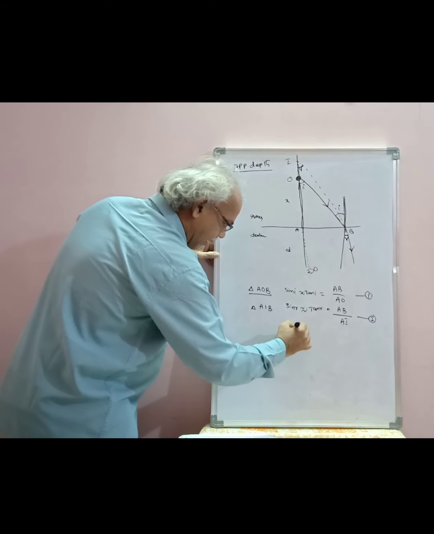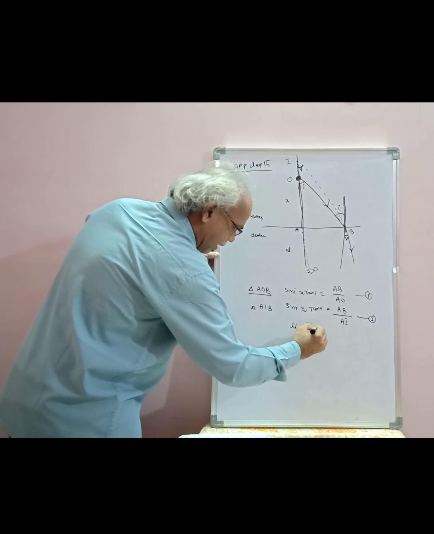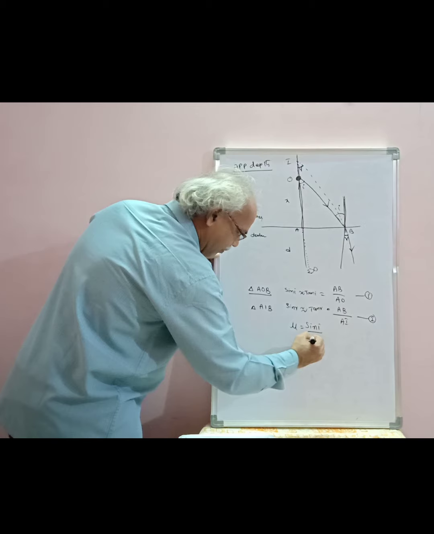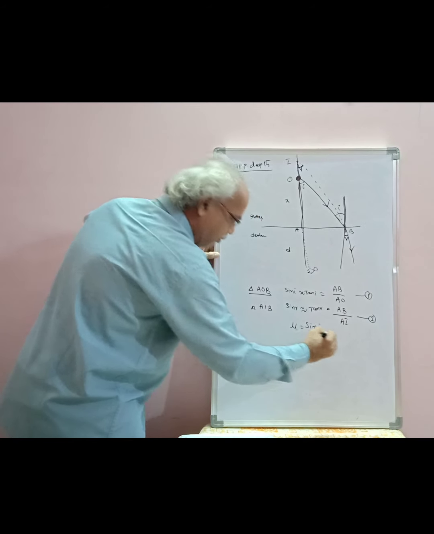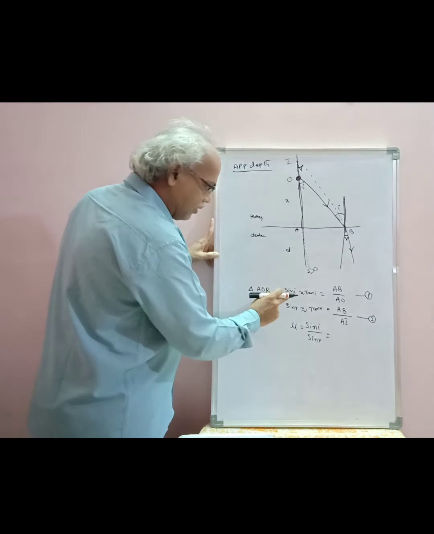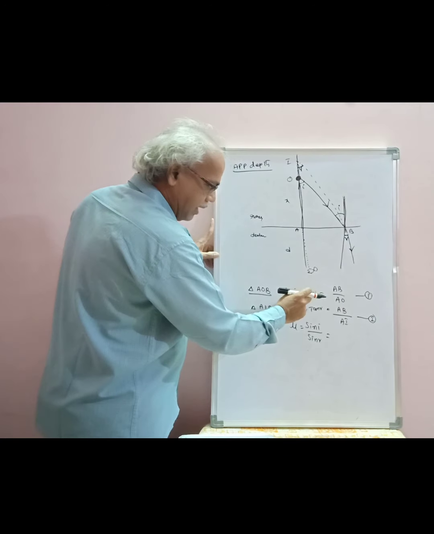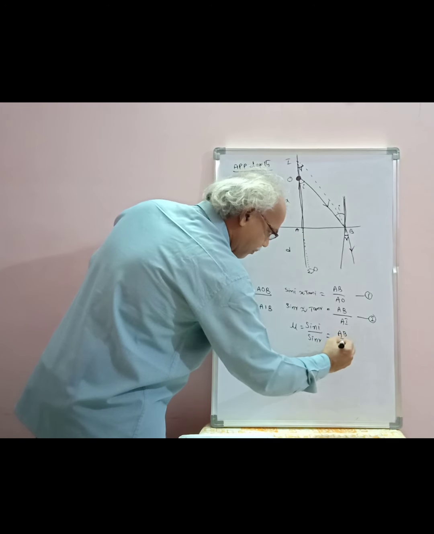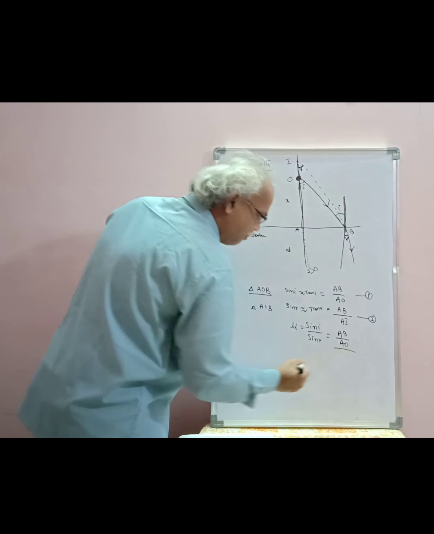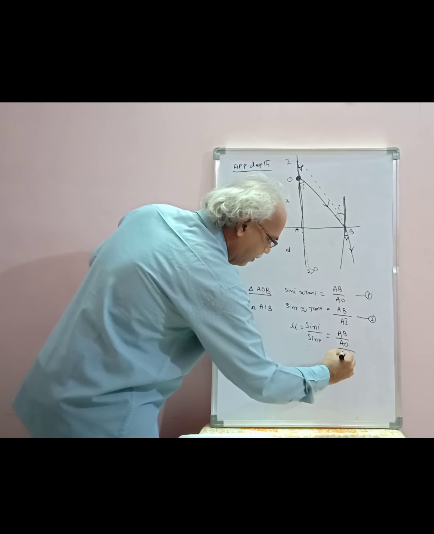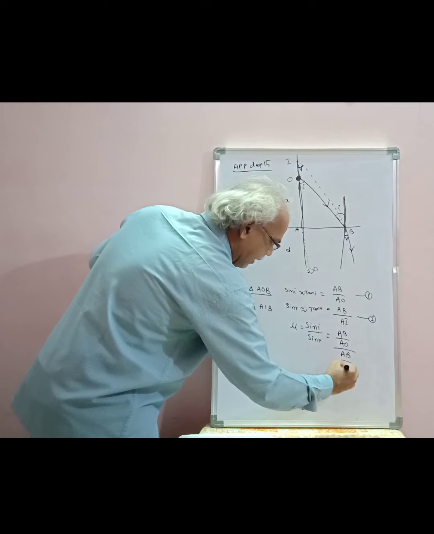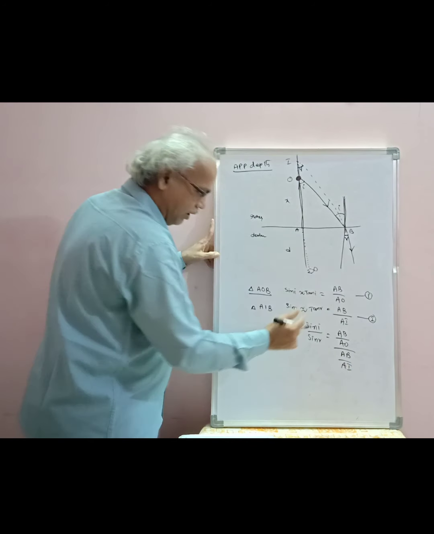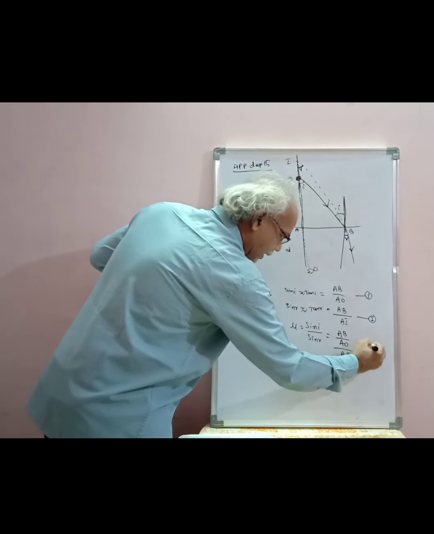From Snell's law, mu is equal to sin i by sin r, is equal to, here sin i is equivalent to tan i, that is AB by AO, by AB by AI, which is the sin r value.